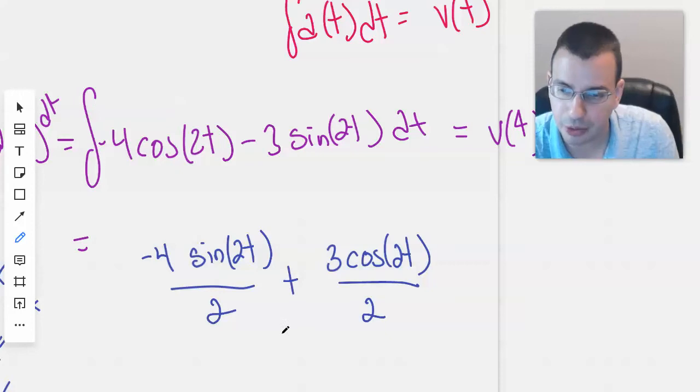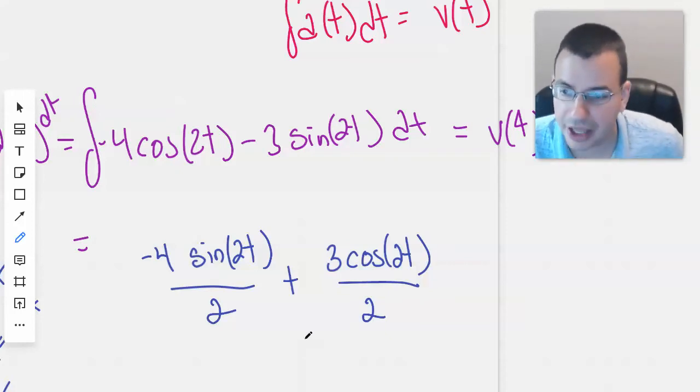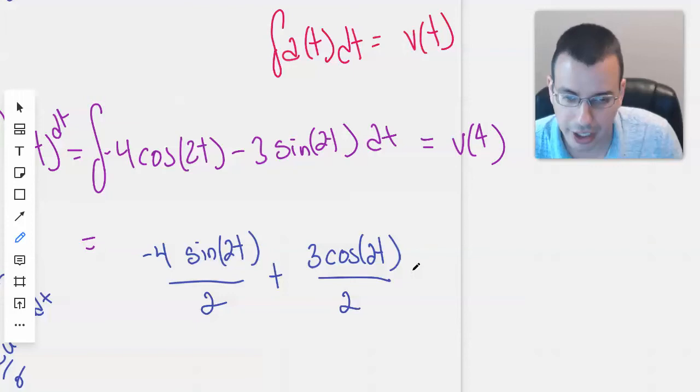So to do that, we'll have a positive. The integral of sine is negative cosine, so this is correct here as well. And from here, we do a plus c equals velocity with respect to time.